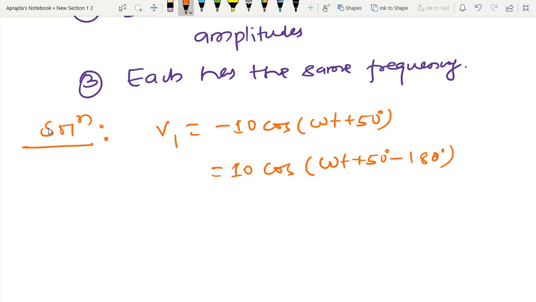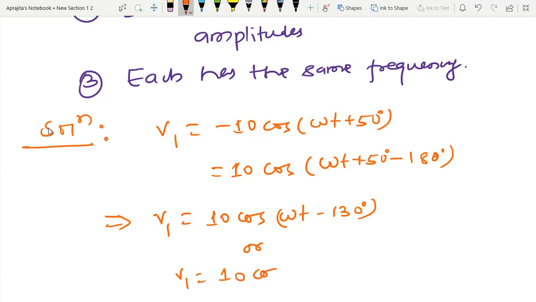So I can write V1 as 10 cos(omega t minus 130 degree), or V1 as 10 cos(omega t plus 230 degree).